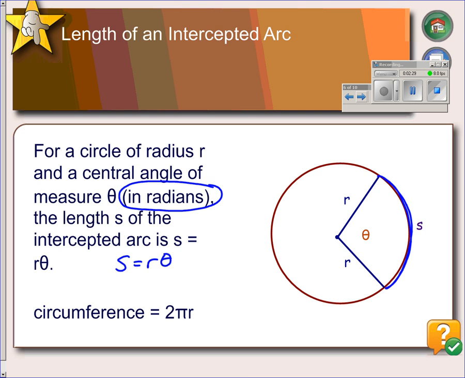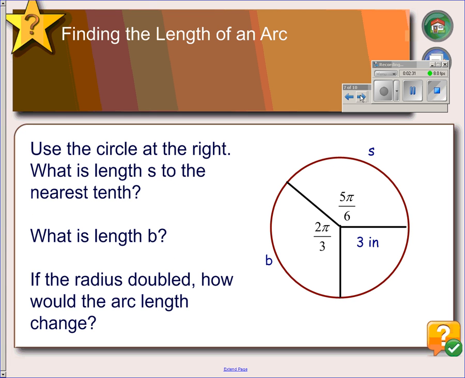So let's look at an example. Suppose we have this circle and we want to find the arc length S. So using our formula, S equals r theta, the picture shows us the radius here is 3 inches.